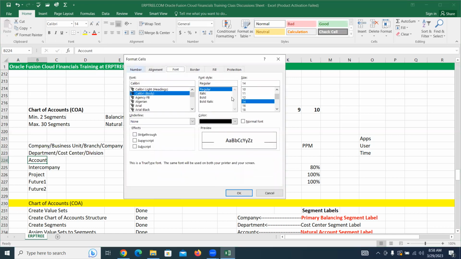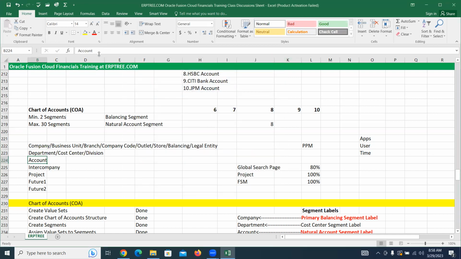Account, sorry. Some clients will have different naming conventions. In most implementations we call it account. In some implementations, the client will have a preference. They choose the segment name as GL code.